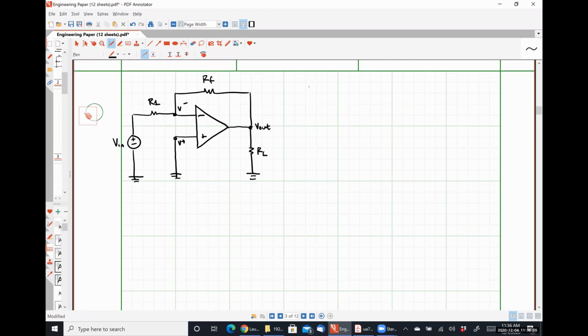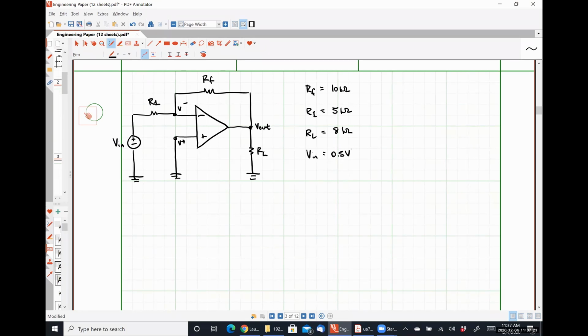So let's say that RF is 10 kilo ohms, R1 is 5 kilo ohms, and RL is 8 kilo ohms, and VN is, let's say, 0.5 volts.